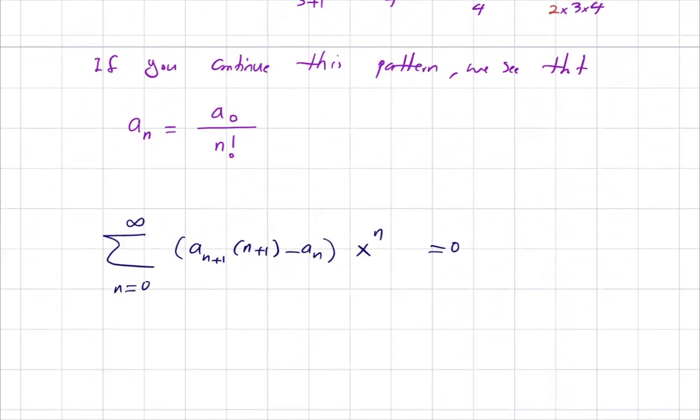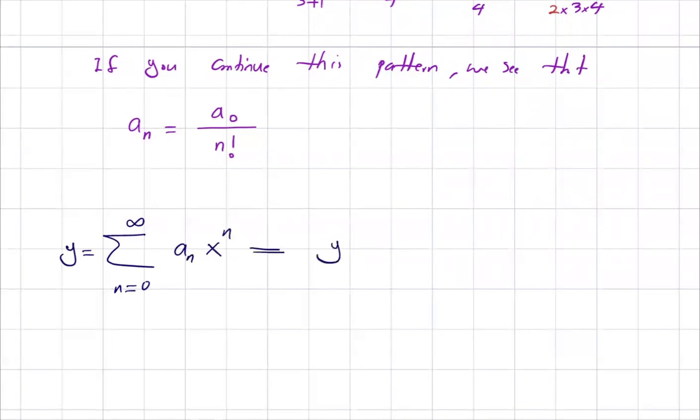You found a pattern, right? The pattern is a sub n is equal to a sub 0 divided by n factorial. So what's the meaning of that for our power series? Okay, let me just erase this one. Your y is equal to the summation of a sub n x to the n.